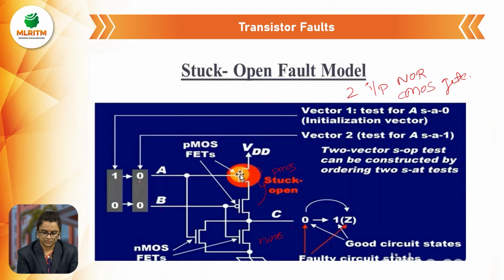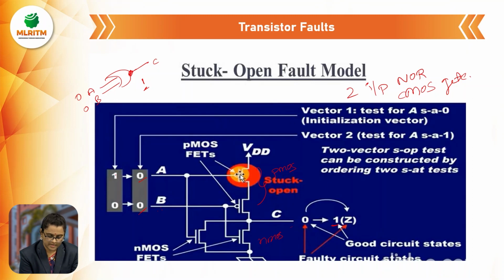So first I will give the inputs 0 0. With A 0 and B 0, we will get the output 1, because of the NOR gate. So this is the NOR gate symbol, A, B, C. If it is 0 0, 0 plus 0 is 0, and due to this NOT gate it will give 1 as output.